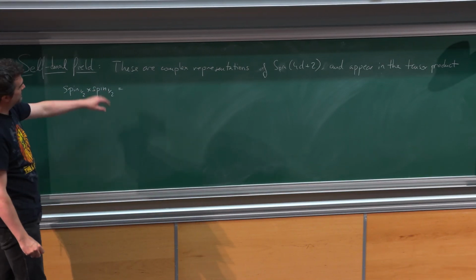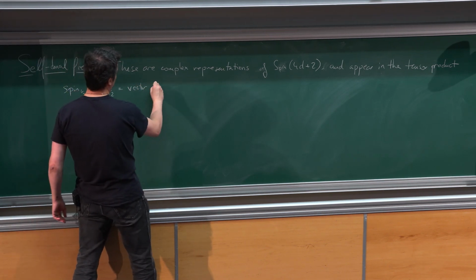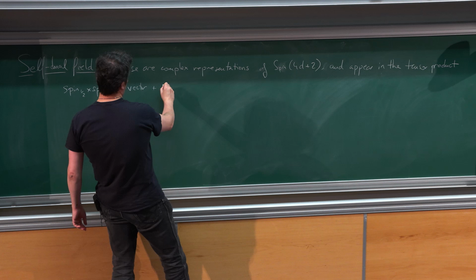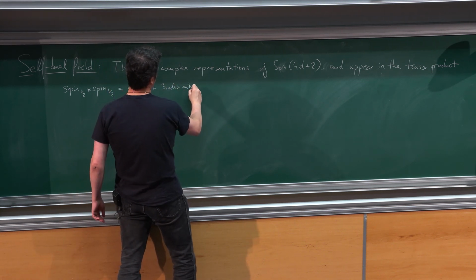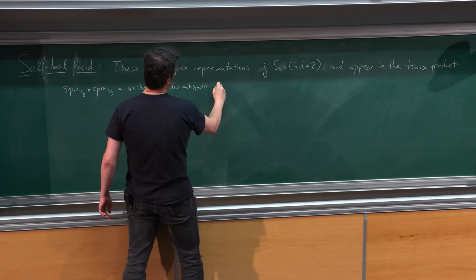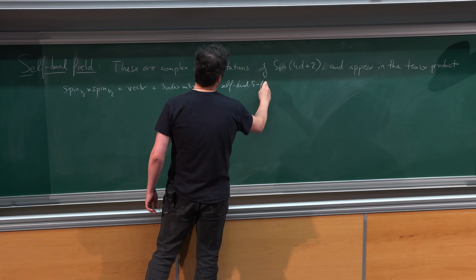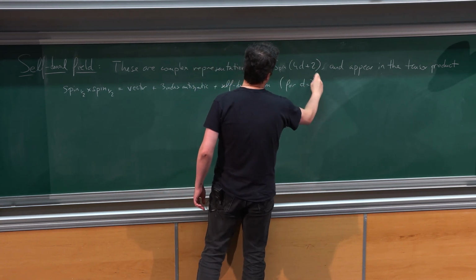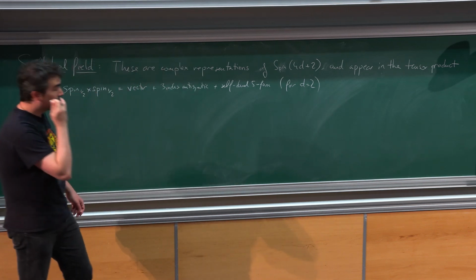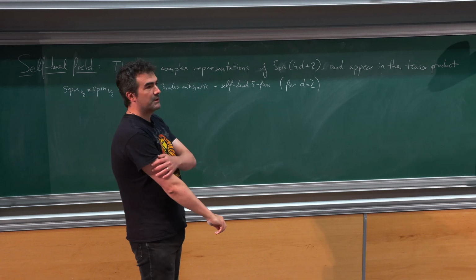So if you do a spinor times a spinor, you get something like vector plus 3 index antisymmetric plus self-dual 5-form. This is for D equal to 10. Are they complex representations in Euclidean or Lorentzian symmetry? I'm thinking Euclidean here.